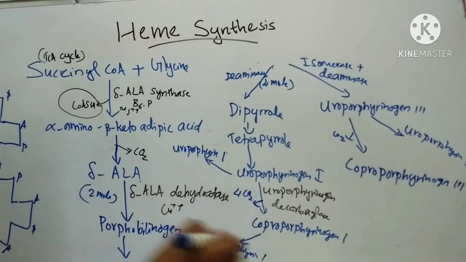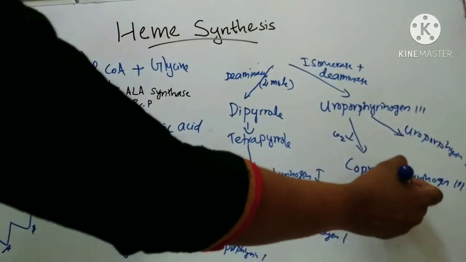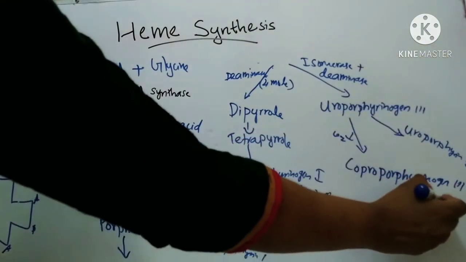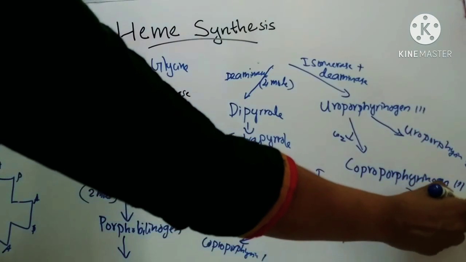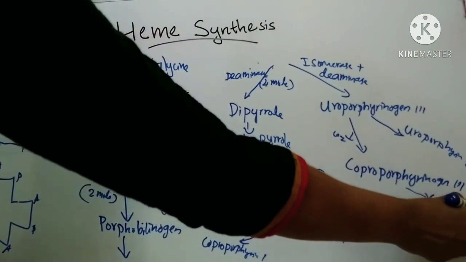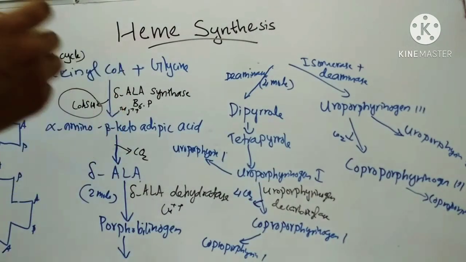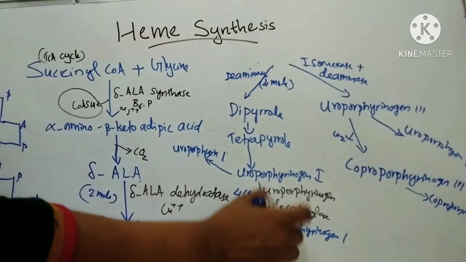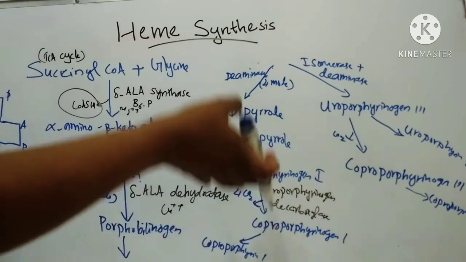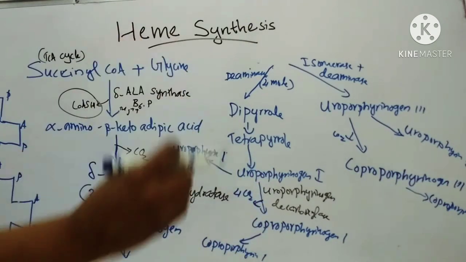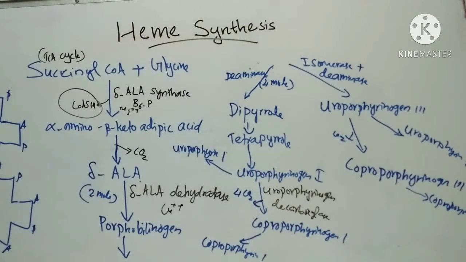Coproporphyrin 1 is excreted. Coproporphyrinogen 3 is oxidized to coproporphyrin 3, and these are excreted. This coproporphyrinogen 1 of the minor series is excreted without being utilized in the body.